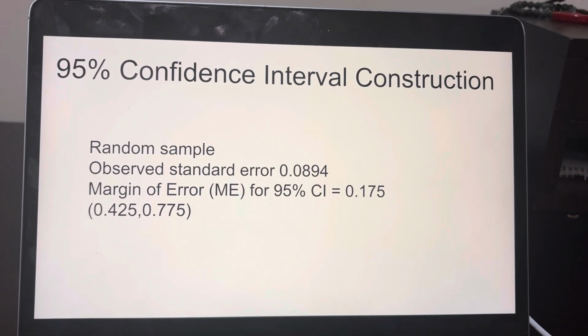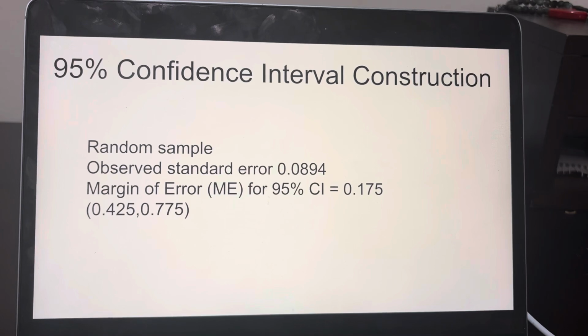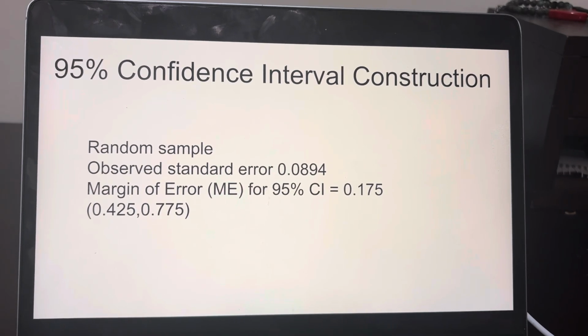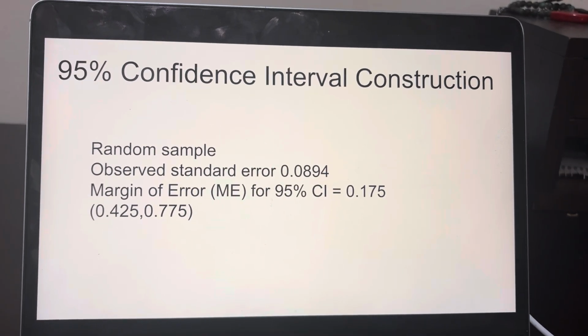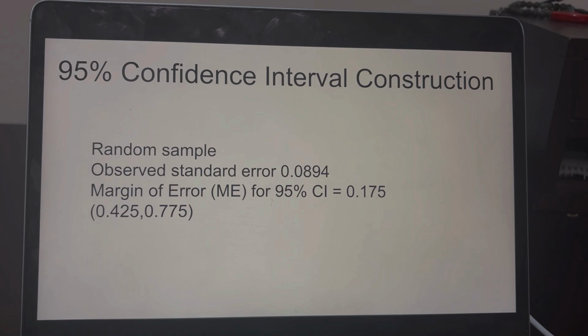95% confidence interval construction, which is part of the rubric. So the conditions do check. It's a random sample, and 30 times 0.6 equals 18, which is what we got from earlier.